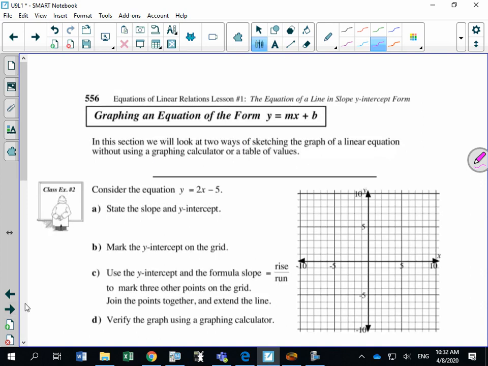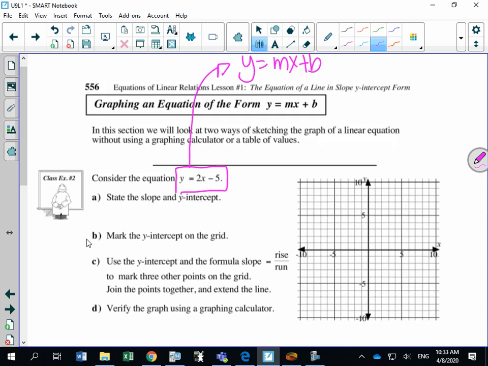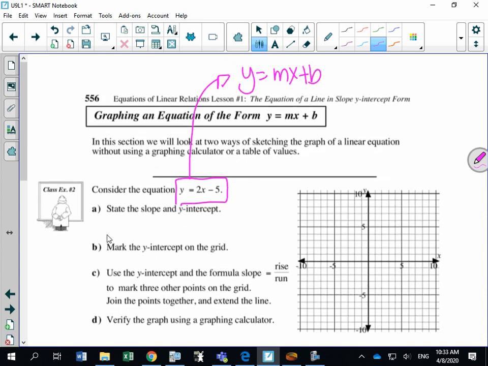Class example number 2. Consider this linear equation. Is this in the form of y is equal to mx plus b? And the answer is yes, it is. If it's in the form of y is equal to mx plus b, I could look at it and I could get what the slope is and what the y-intercept is. So the slope for A is your m value.